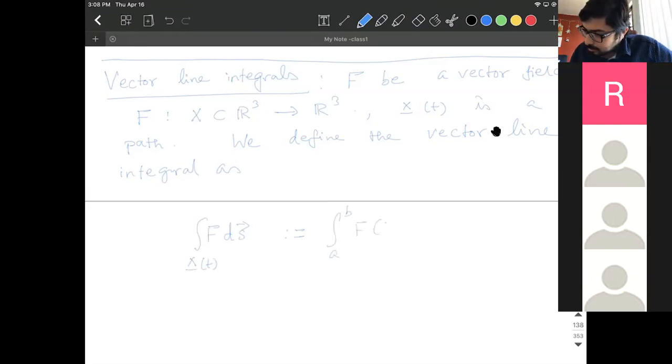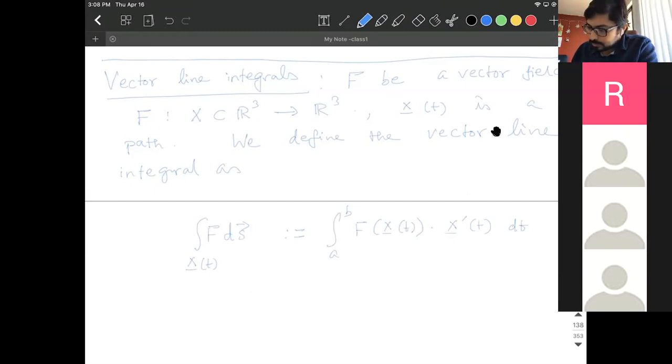You take the dot product between F evaluated at x(t) with x prime of t, and then take this infinitesimal dt and integrate from a to b.